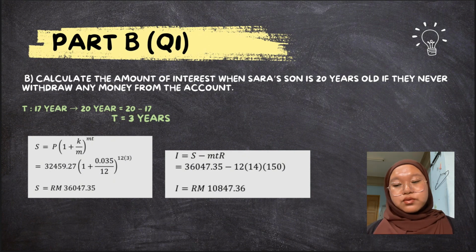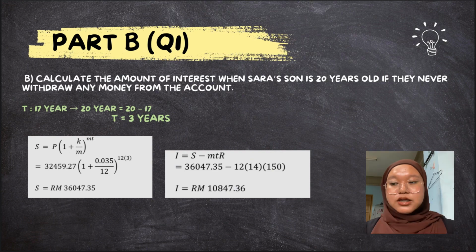Using the calculator, you get S equals 36,047 ringgit and 35 cents.